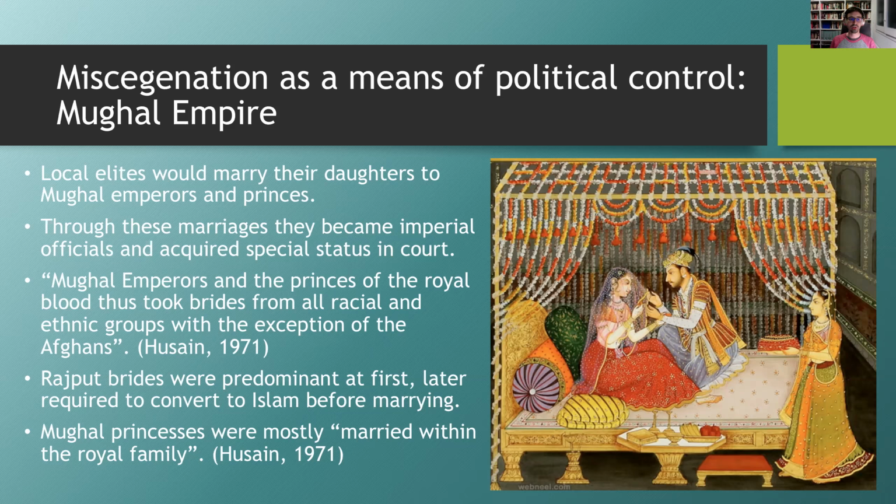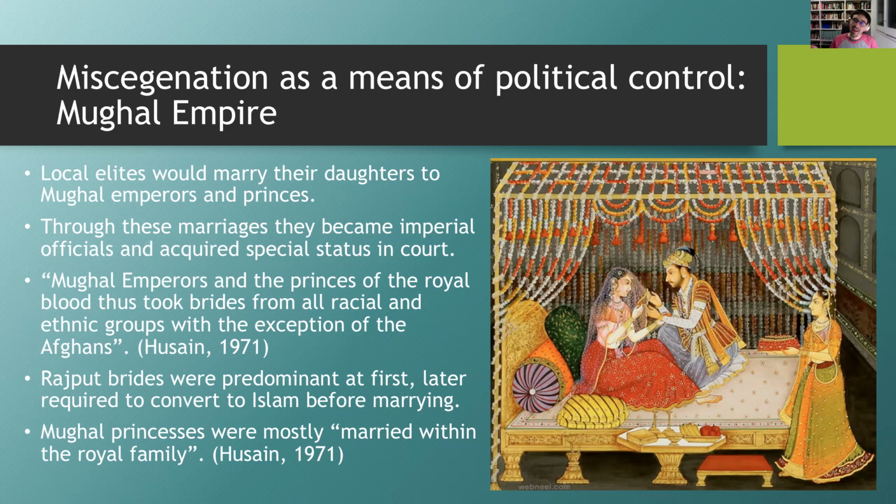Now, the Mughal emperors and the royal princes would take brides from different ethnic groups, right? There's only a few exceptions. And in fact, Rajput wives, that's Hindu brides, were taken as wives by the emperors a lot during the first years of the Mughal Empire. And at first, they didn't even require them to convert to Islam. Later on, they were required to convert before marrying.